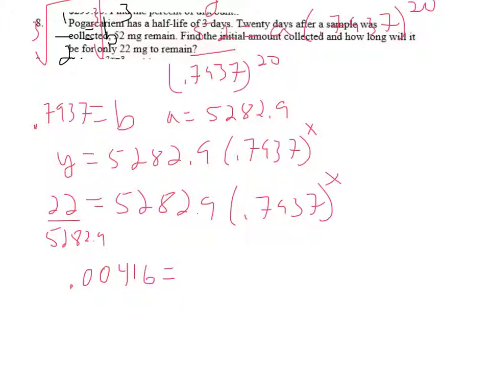That gave me 0.00416 equals that base raised to the x power. Then I can take the logarithm of both sides. That'll get the x out of the exponent using that exponent property.